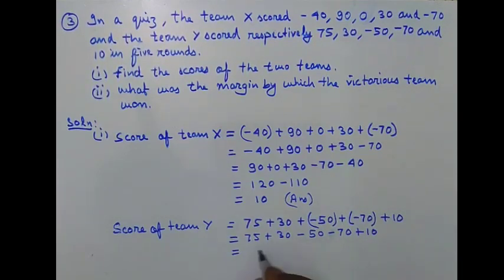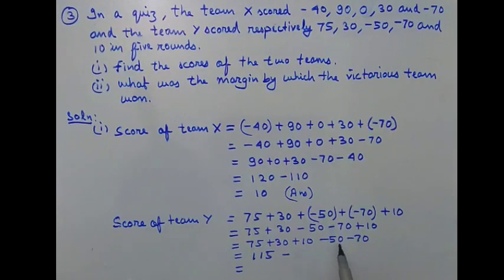Now let's bring all the positive integers together. So 75 plus 30 plus 10, negative 50 and negative 70. Let's add them up together. 75 plus 30 plus 10 will give us 115, right?